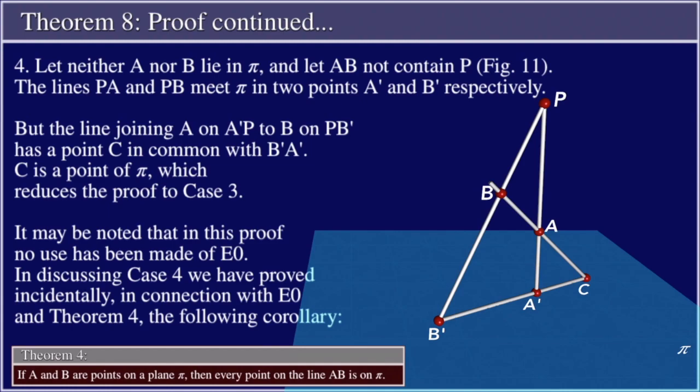C is a point of pi, which reduces the proof to the case 3. It may be noted that in this proof no use has been made of E0. In discussing case 4, we have proved, incidentally, in connection with E0 and Theorem 4, the following corollary.